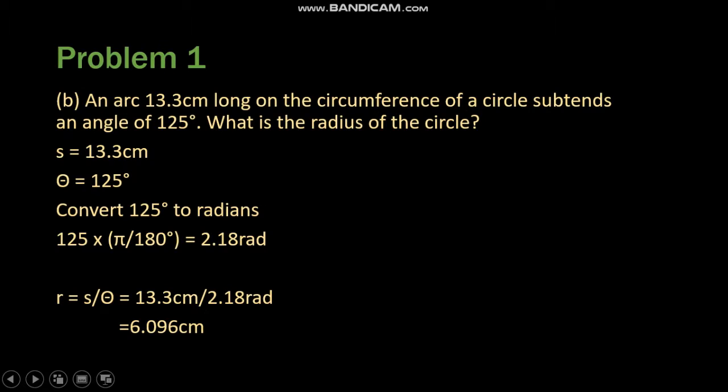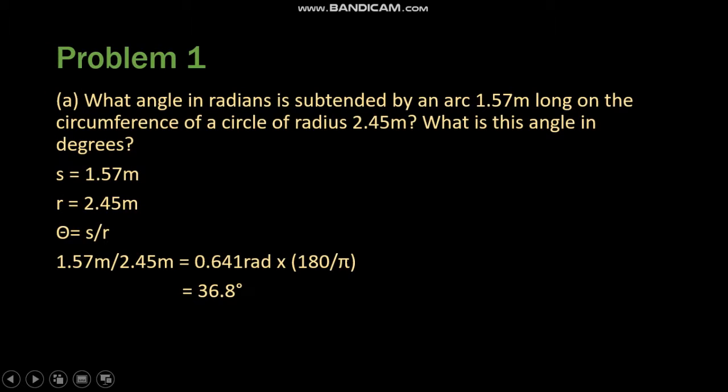To convert it to radians, we use the previous conversion, but we multiply by its reciprocal, which is 125 times pi over 180 degrees. Notice that in the previous problem, we multiplied the radians by 180, then divided by pi to get degree units.